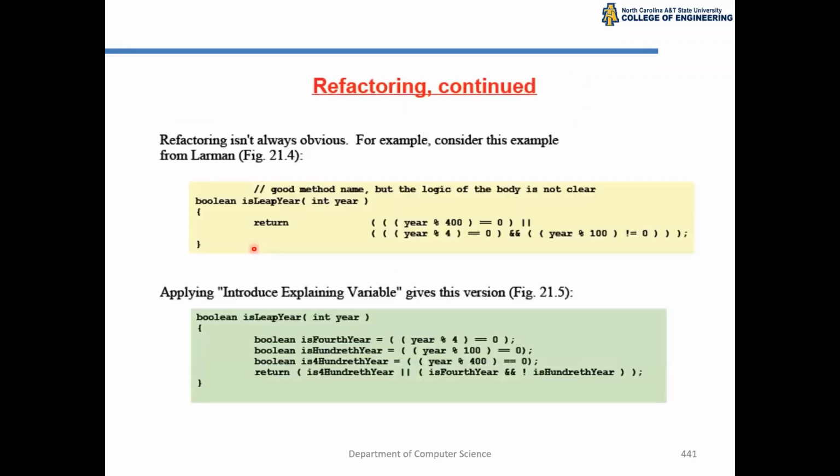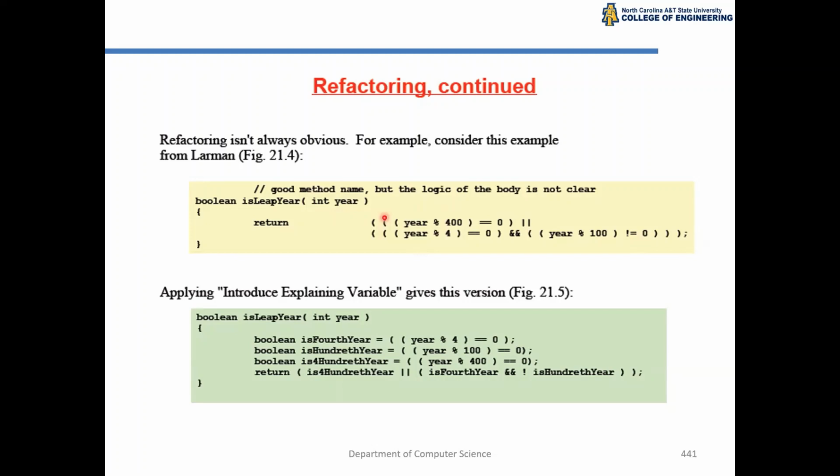Okay, there's another example here. It's not necessary that you always have to refactor. Sometimes you can make things worse. For example, here in the top part you see a Boolean isLeapYear, with an integer year, and this is the simple logic.